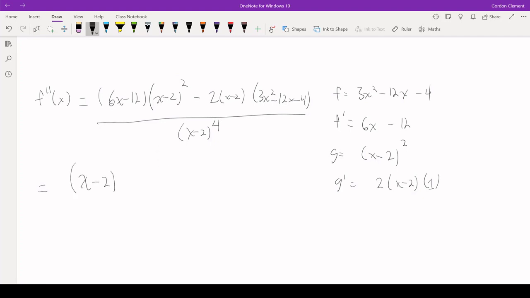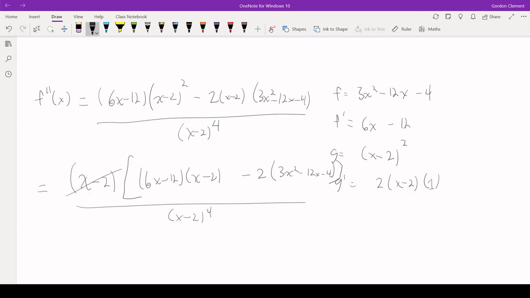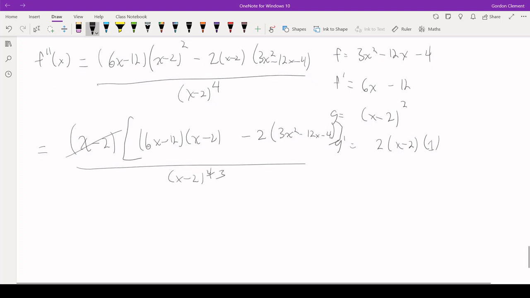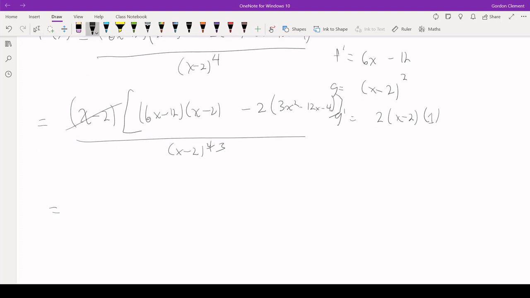I can factor out one of the x minus 2's. Those cancel. And then I think it's just going to be expanding that big square bracket.